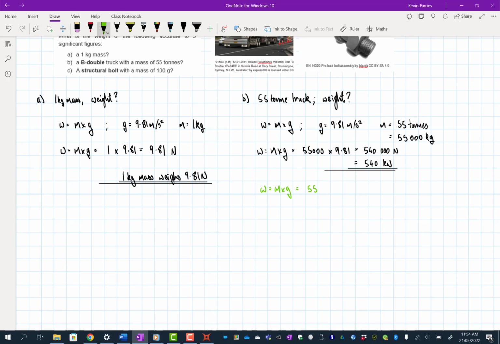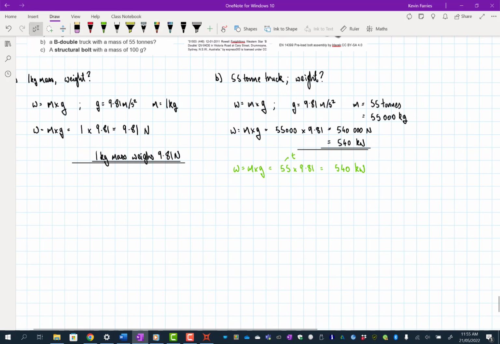So we could just have said 55 tons times 9.81 meters per second squared. But what we have to remember is, if we've used tons here, we have to use kilonewtons in the answer. So 55 times 9.81 is just going to be 540 kilonewtons. So tons, and this must be in kilonewtons.